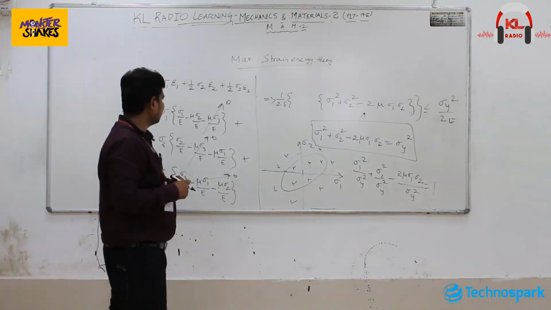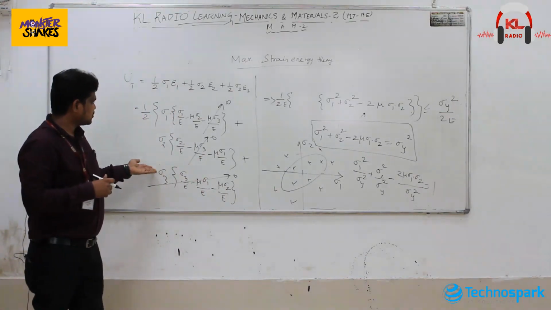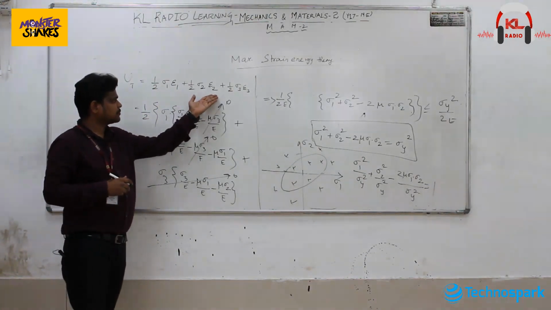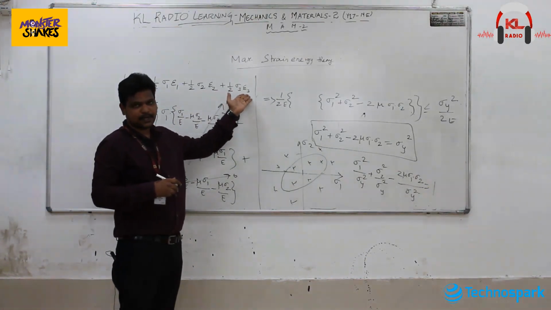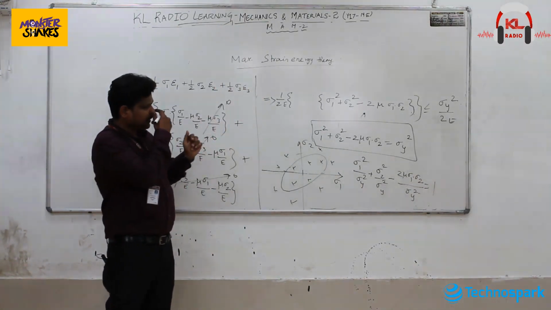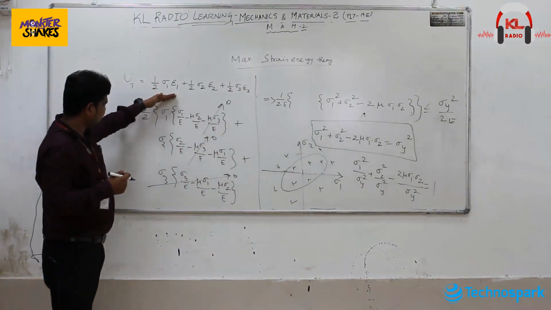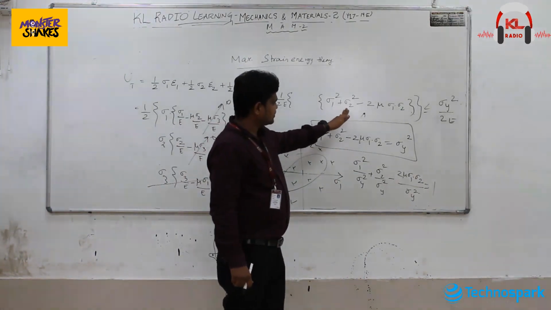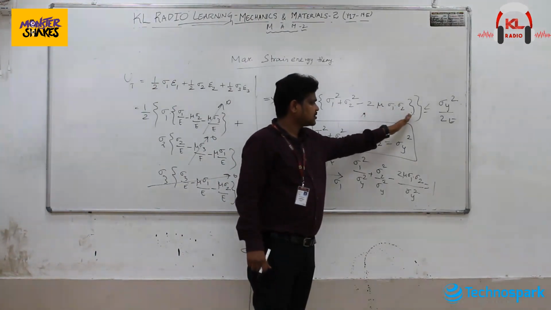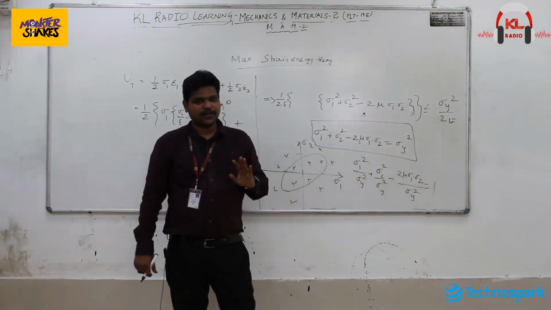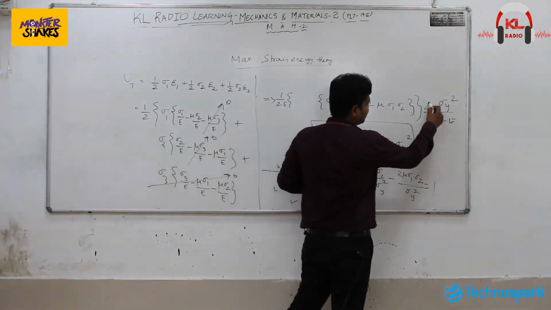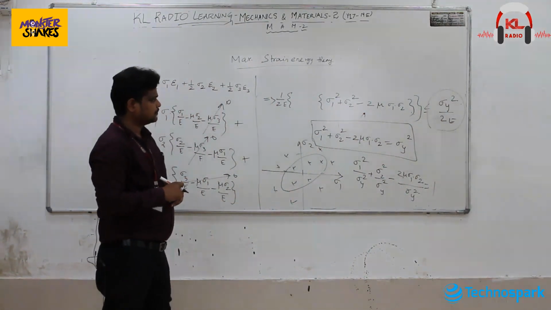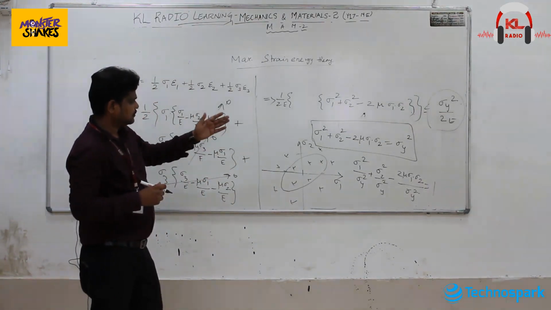With that theory, we derived the total strain energy, which is half of sigma 1 epsilon 1 plus half of sigma 2 epsilon 2 plus half of sigma 3 epsilon 3 corresponding to principal axis 3. With this information, we reduced the equation to the form sigma 1 square plus sigma 2 square minus 2 mu sigma 1 into sigma 2 must be less than sigma y square by 2E. This is the total strain energy per unit volume for a uniaxial case. That's it.